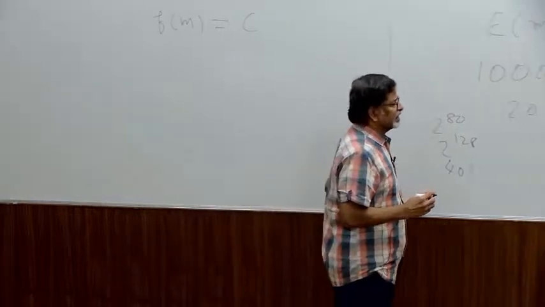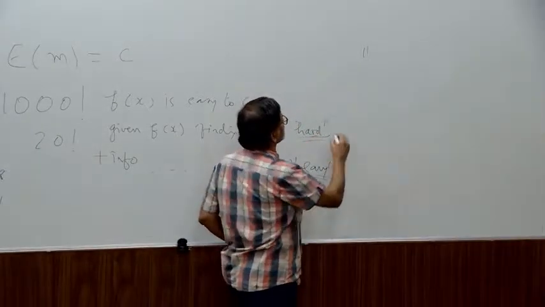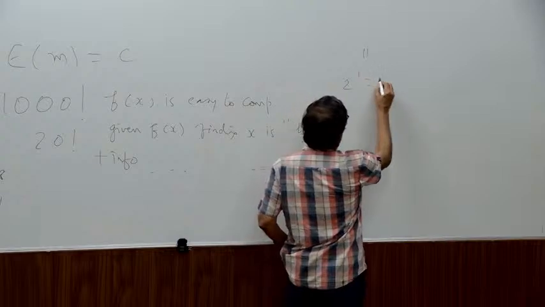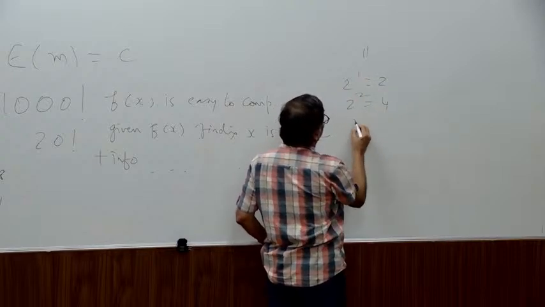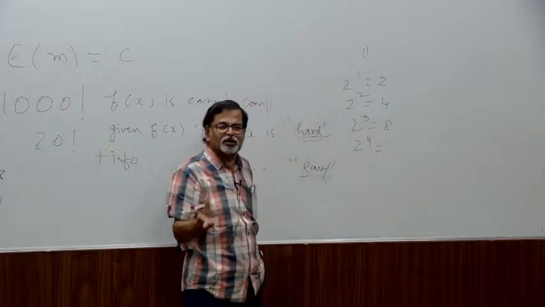Alright, so let us take a prime number p, say 11, and then take the number 2. Let me list the powers of 2. 2 power 1 is 2, 2 power 2 is 4, 2 power 3 is 8, 2 power 4 is, well, we are in the modulo world now.